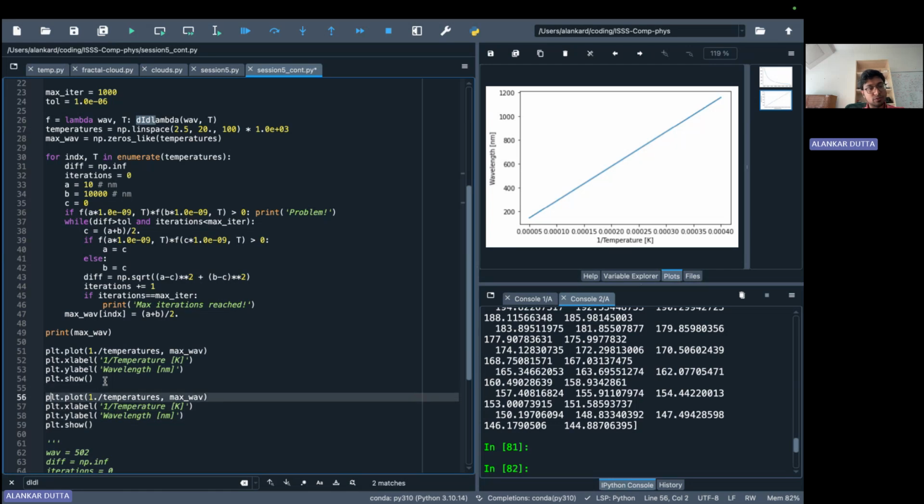So what we will do is let's have temperature on the x-axis, and we have max wave times temperature, right? And then the y label will be Wien's constant. Wien's constant, right? This is fine. Yep.